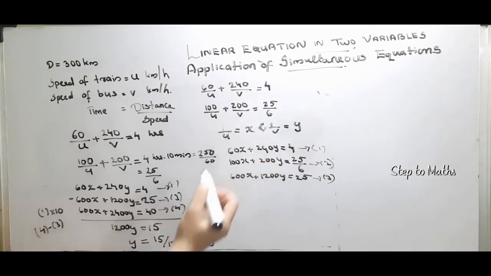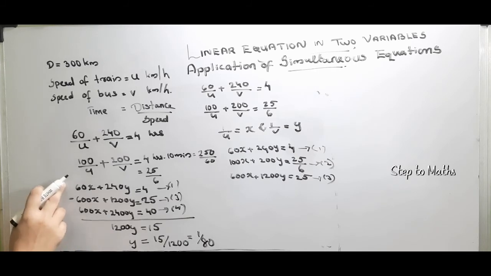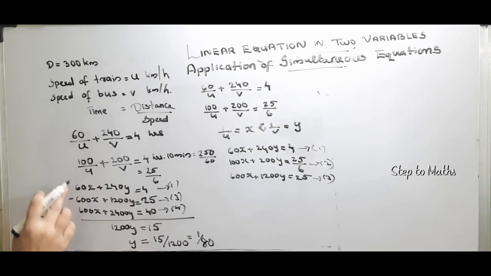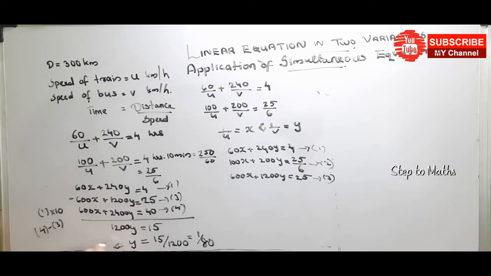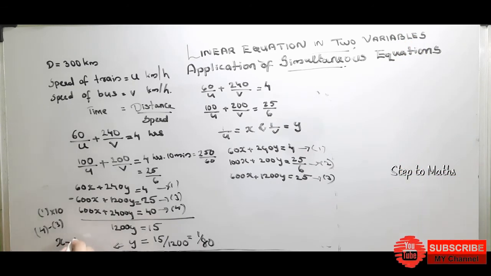Now from the value of y, if we substitute this in any of these two equations, we get the value of x also. That implies we get the value of x as 1 by 60. x is equal to 1 by 60 and y is equal to 1 by 80.